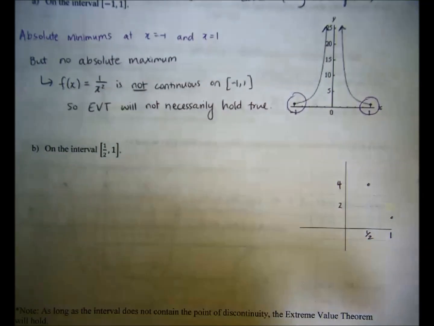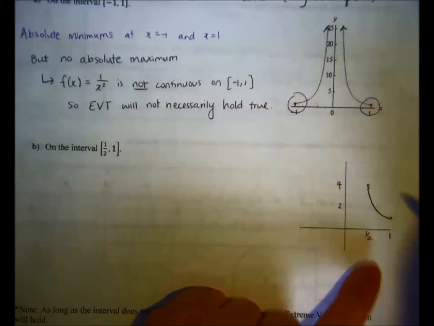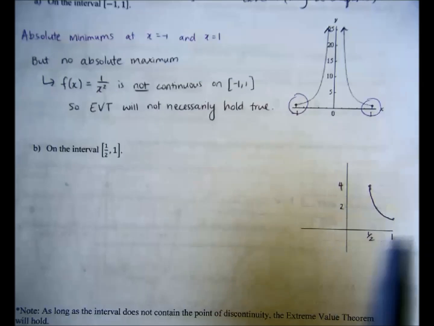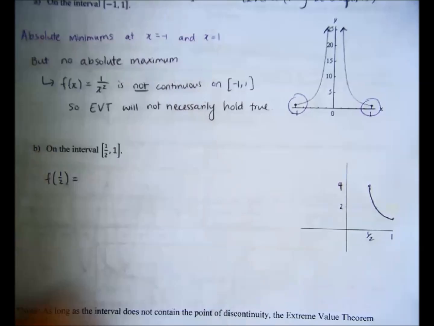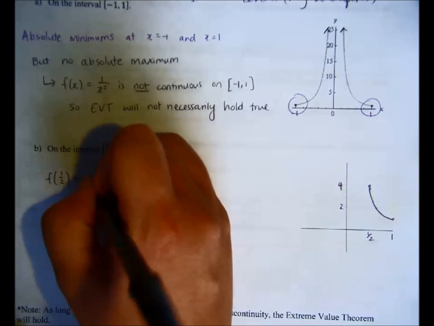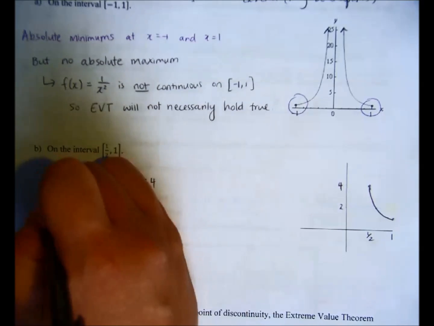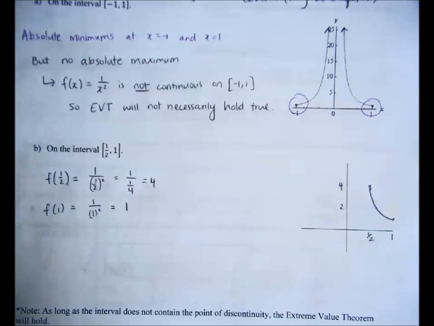So just on the interval from half to 1, the function will look like this. And in which case, it is continuous on this closed interval. The way that I figured out those values, f of half is 1 over half squared, which is 1 over a quarter, which is 4. F of 1 is 1 over 1 squared, which is 1.